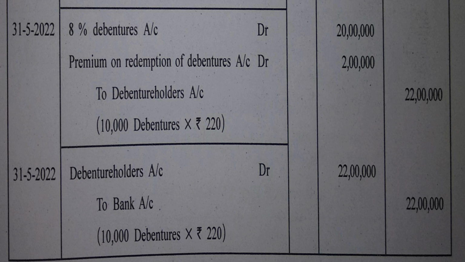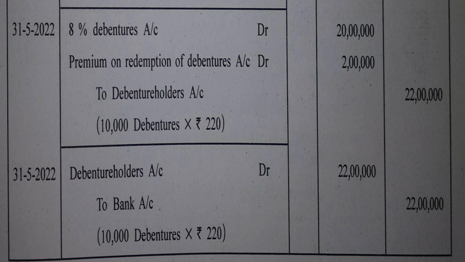On 31st/5/2022, 8% debentures account debit 20 lakh. Premium on redemption of debentures account debit 2 lakh. These accounts have been closed. And to debenture holders account 22 lakh. That simply means that 22 lakh rupees are to be given to debenture holders who are the creditors of the company.